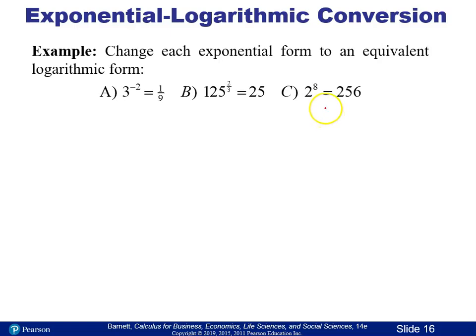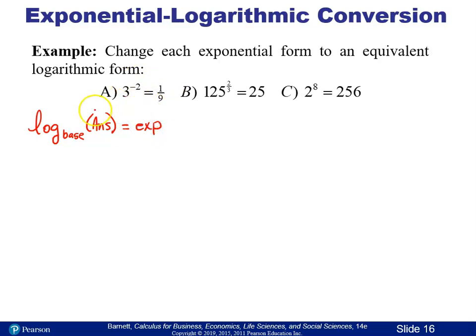Okay, these were going in the reverse direction. So we're given our exponential form and we're going to write it back in logarithmic form. So when we're doing that, keep in mind where everything belongs. The base is going to be here, and whatever it's equal to, I'm going to call this the answer. And then it's going to be equal to the exponent.